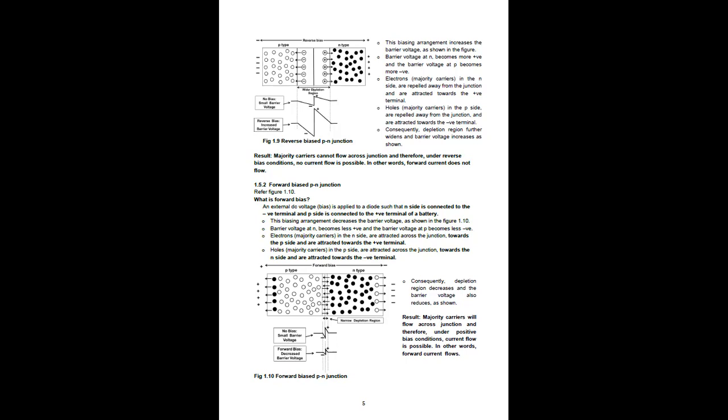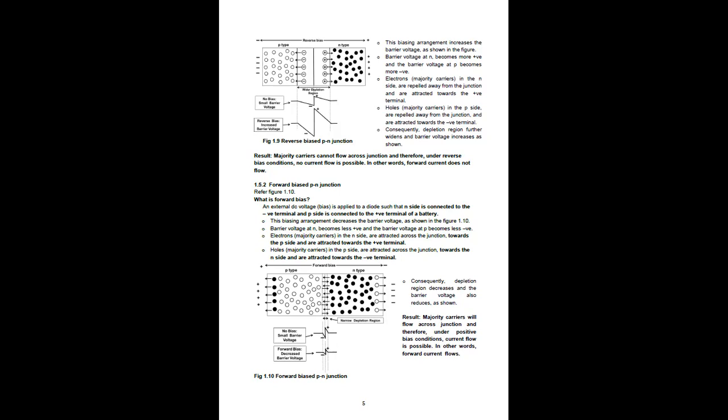Consequently, the depletion region further widens and the barrier voltage increases as shown. As a result, majority carriers cannot flow across the junction, and therefore under reverse bias condition, no current flow is possible. In other words, forward current does not flow.